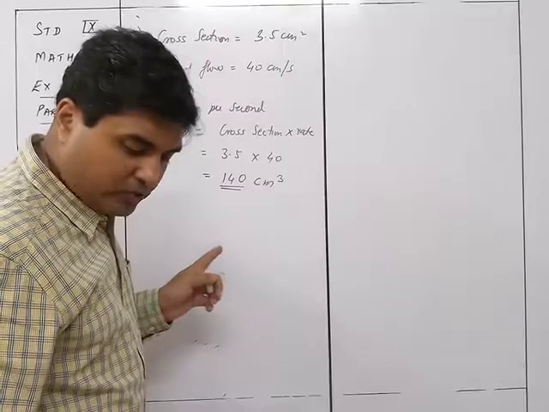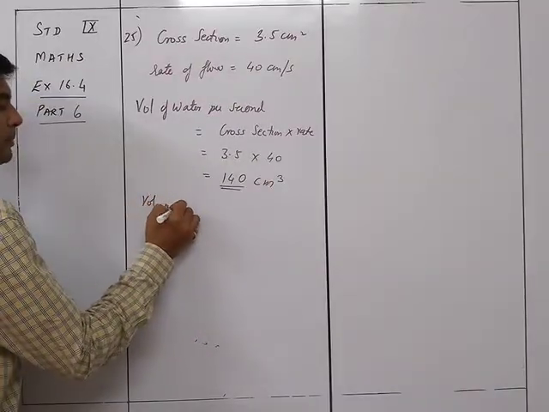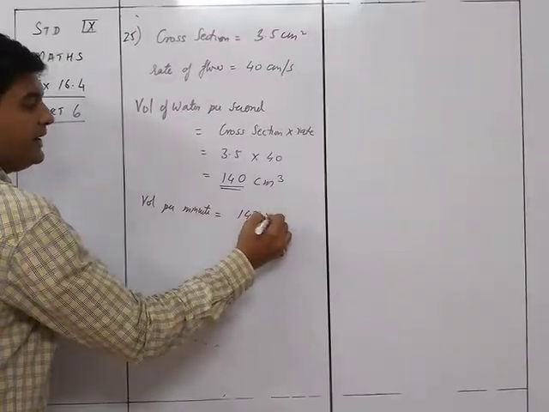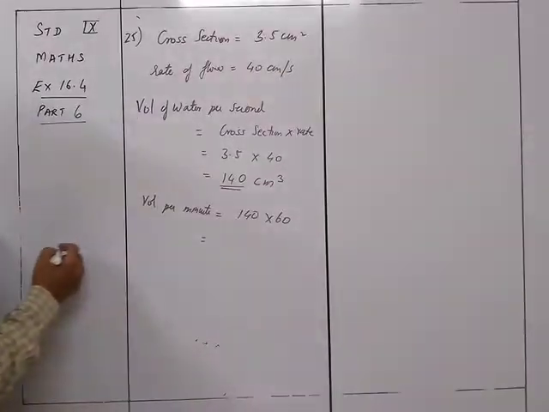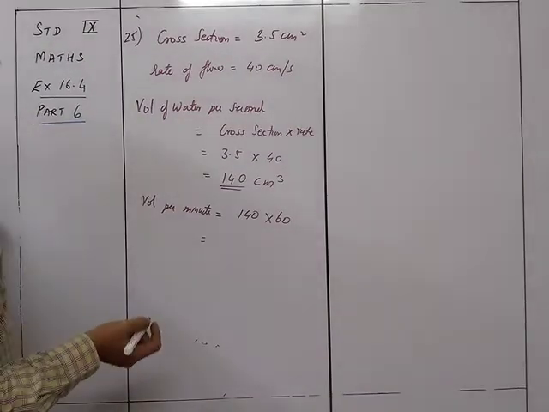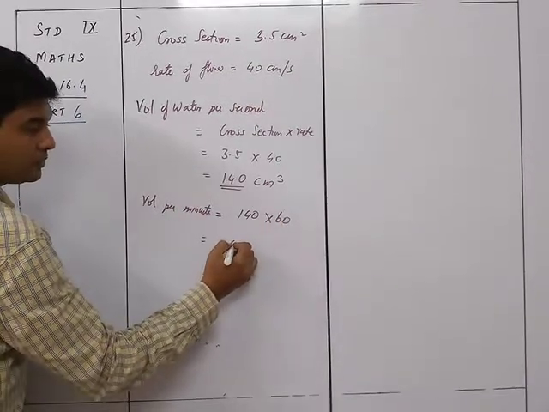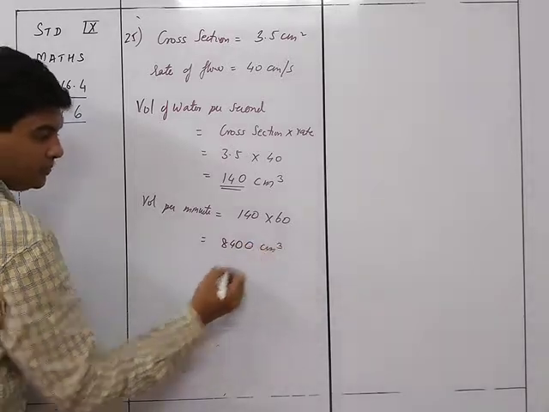What is the question? How much water is delivered in 1 minute? So therefore volume per minute is equal to 140 into 60. So there is 14 into 6, that is 84. Centimeter cube.